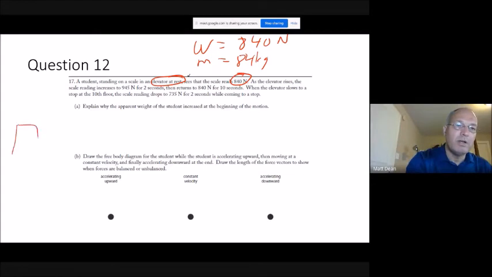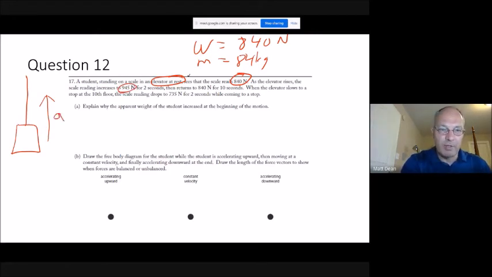So here's the elevator. Here's the cord for the elevator. And in this case, the elevator is rising up. And notice that his weight seems to go up. That's because this thing is accelerating upward. To accelerate upward, there has to be a net force on the elevator. And since the student's in the elevator, there's a net force acting on him.